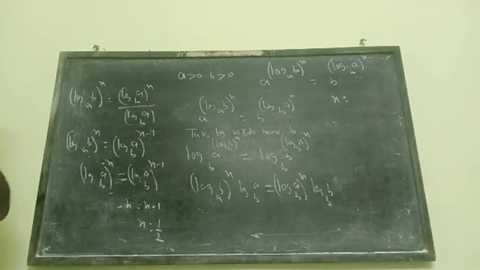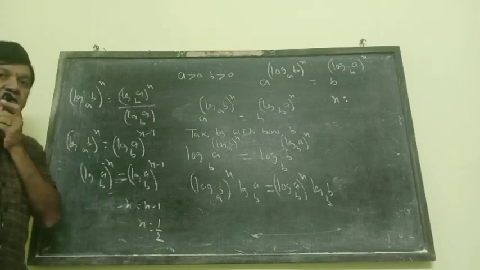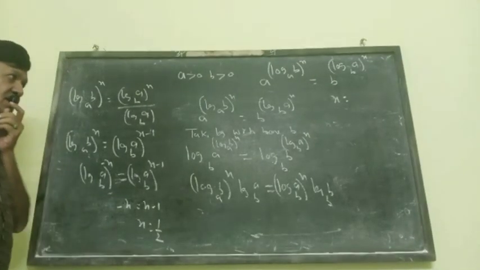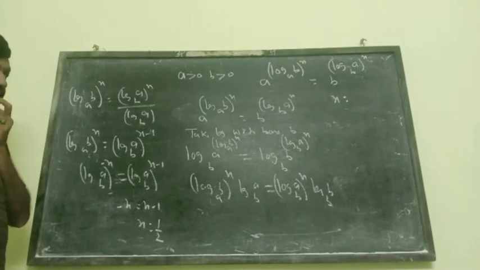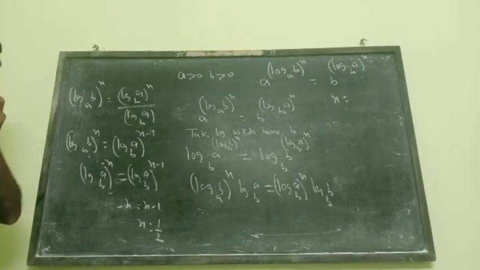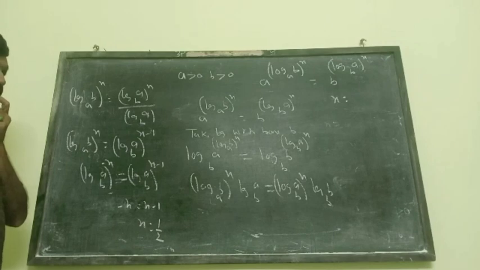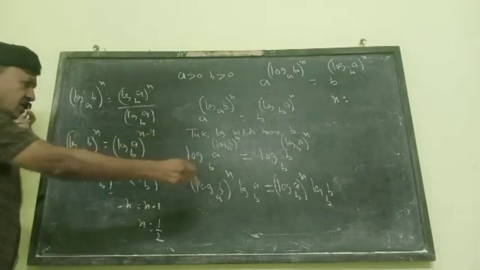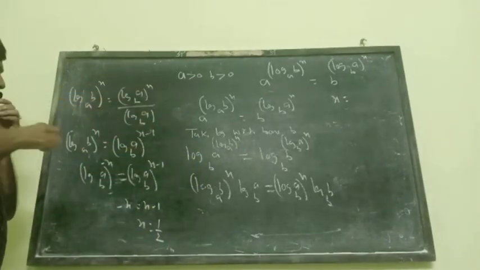Yes, understood? So this is a very important result. A to the power of log B to base A whole power x is equal to B to the power of log A to base B whole power x implies x is equal to 1 by 2, can be proved like this. Take log with respect to B on both sides. Then bring it to here, log A to base B, send log A to base B to that side.